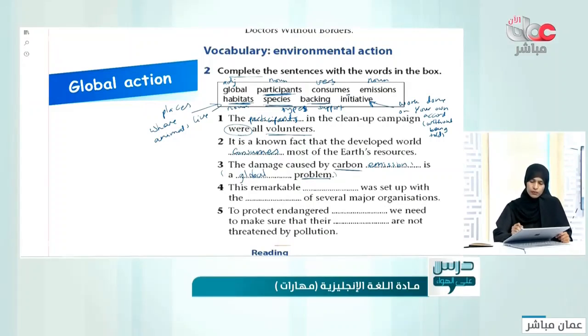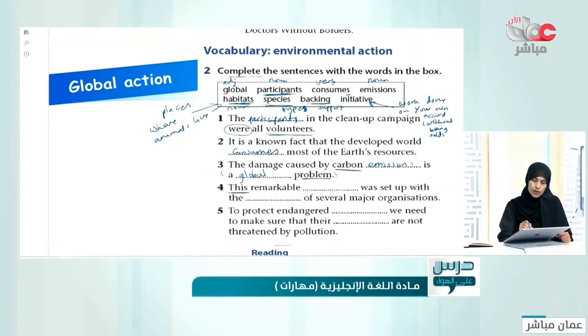Okay, then this remarkable blank was set up with the dash of several major organizations. So I need a noun here. We're done with the first 4. We're left with the other 4. Habitats, am I talking about animals here or environments? No. And by the way, I need a singular noun.